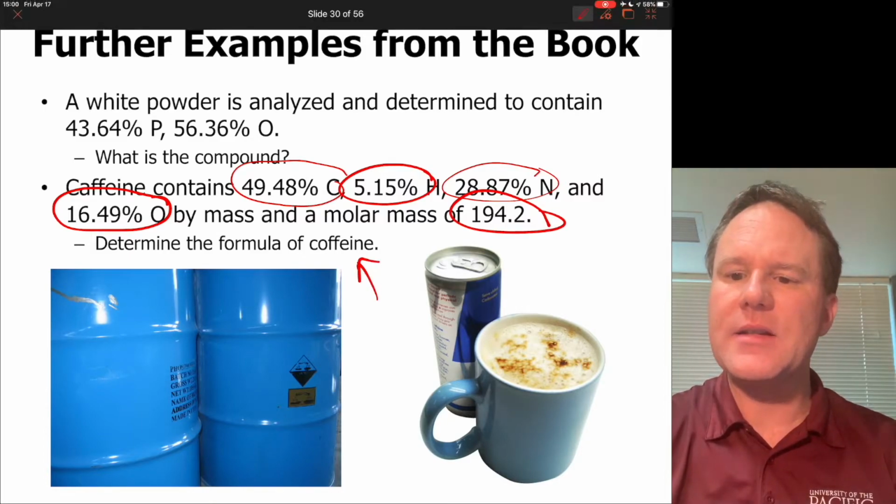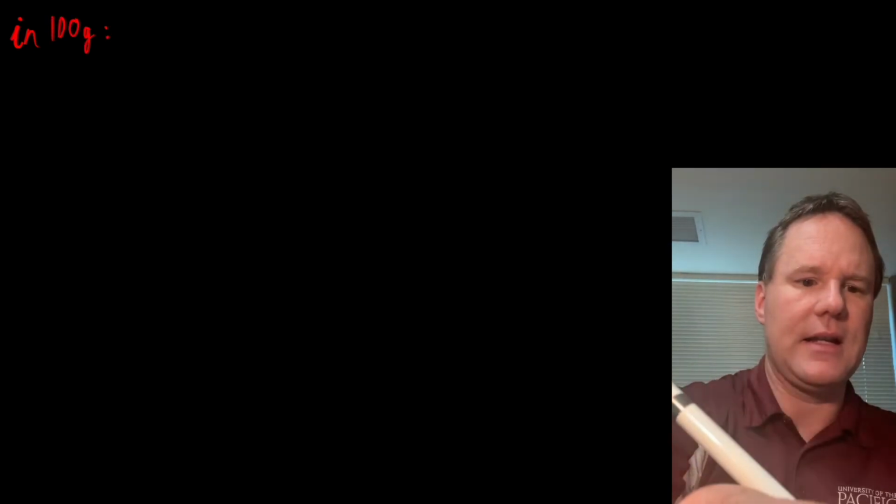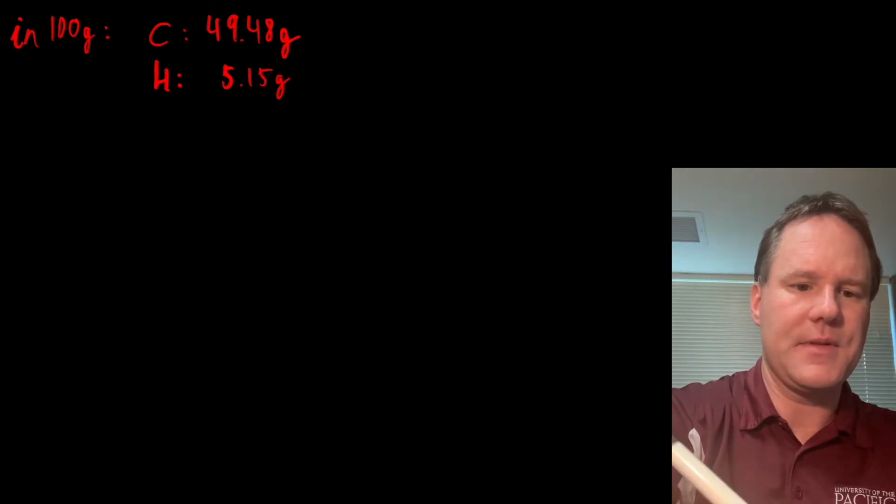So let me clear the screen again for this. Okay, and let's start out. In 100 grams of the compound, this means that I have for carbon 49.48 grams. For hydrogen, I get 5.15 grams.